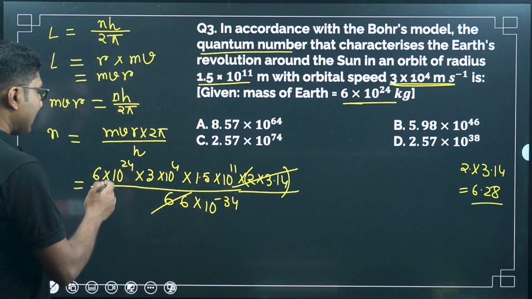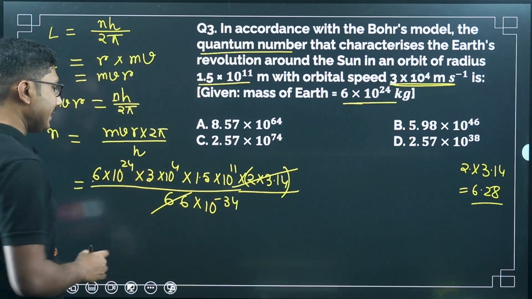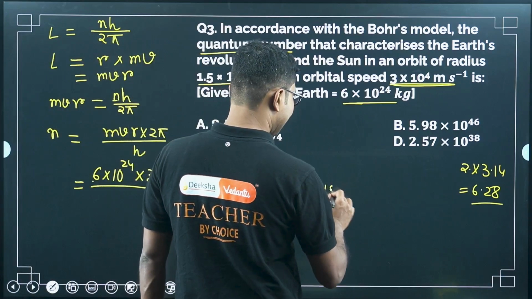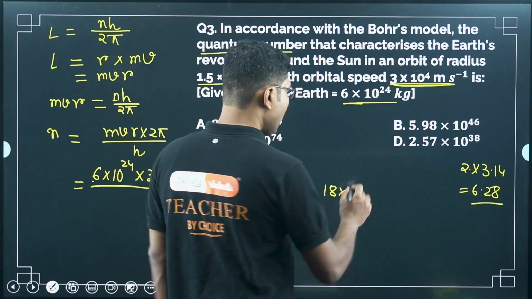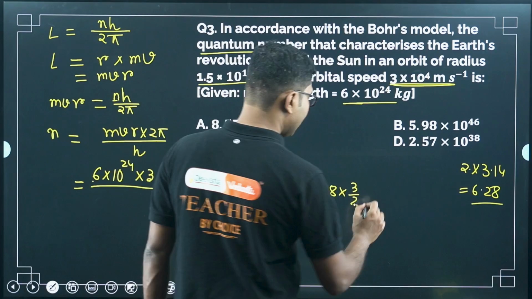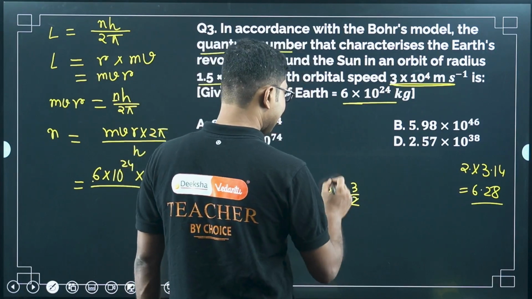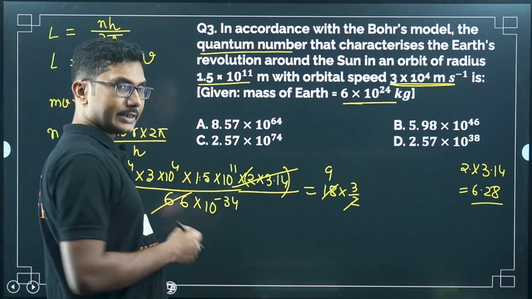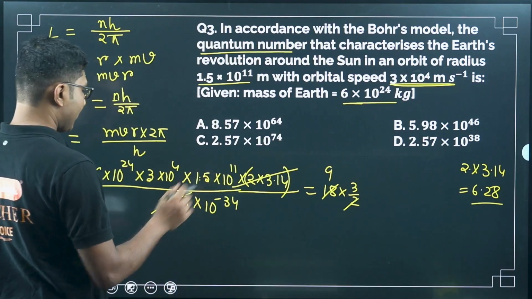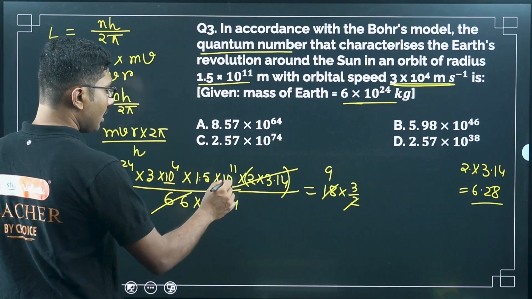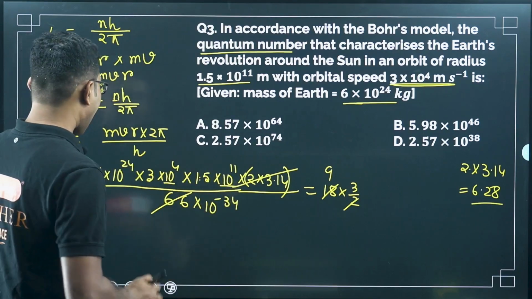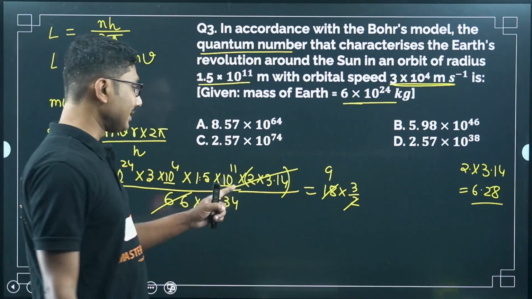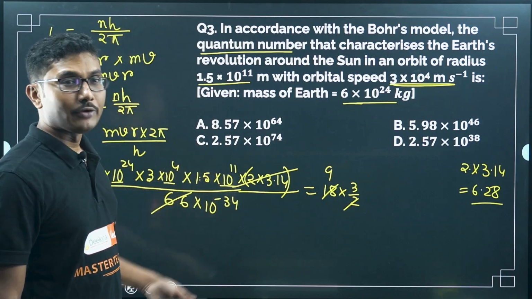Now what is left is 6 times 3, that is 18, times 1.5. What is 1.5? It is 3 by 2, so you can cancel them and you can write 9 by 9 to the 18. Now what are the 10 to the powers? 10 to the power 4, 10 to the power of 11, and 10 to the power of 24, they are all plus. 10 to the power minus 34 was in the denominator, so once it goes up it will become positive.